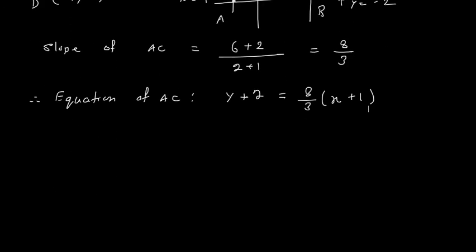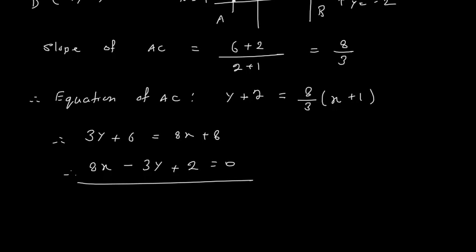Cross multiplying, we have 3y plus 6 equals 8x plus 8. Therefore 8x minus 3y plus 8 minus 6, which is plus 2, equals 0. This is the equation of AC.